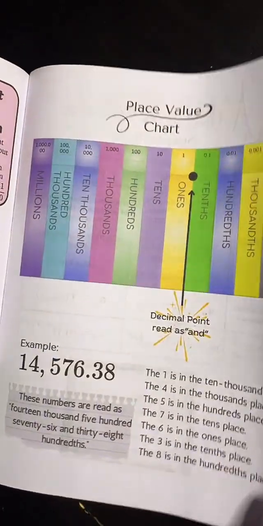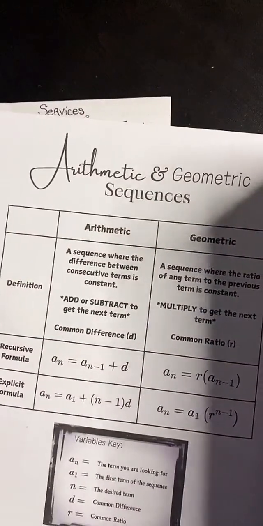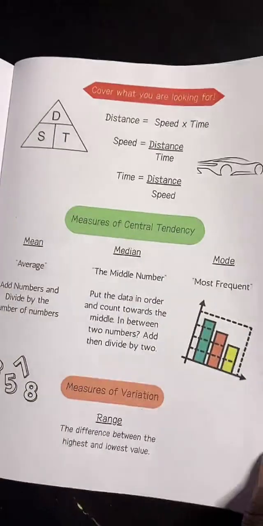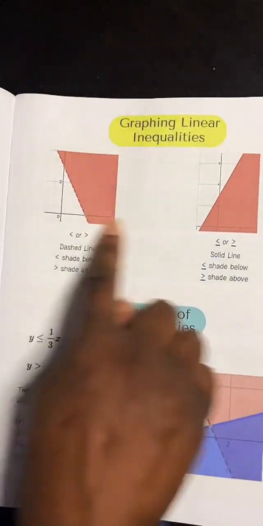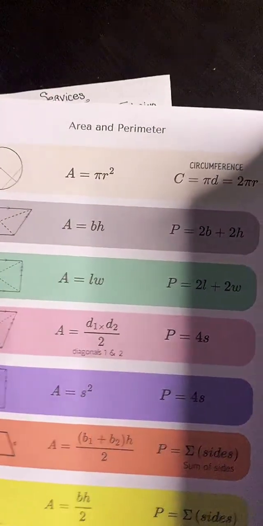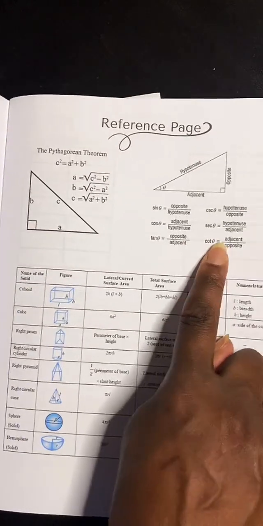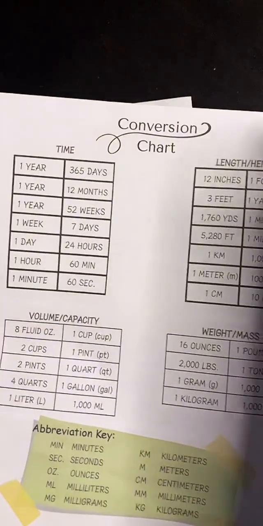Then you have your place values, going from percent to decimals, fraction to decimals, arithmetic and geometric sequences and their rules, their formulas, the measures of central tendency, distance formula, graphing linear inequalities, systems of equations, areas and perimeter or circumference if it's a circle, Pythagorean theorem, trig functions, volume and surface area, as well as conversions.